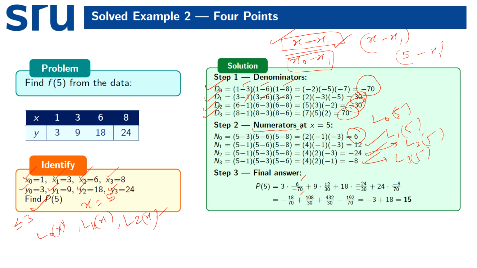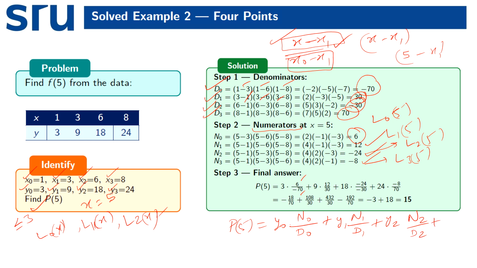The formula here for this value, which is actually equal to P(5), is y0 into n0 upon d0, plus y1 into n1 upon d1, plus y2 into n2 upon d2.